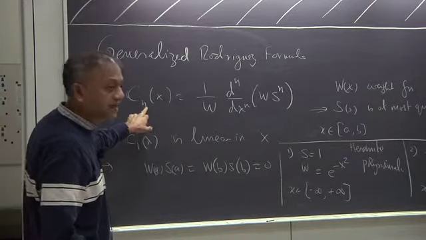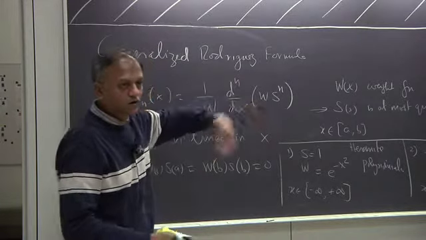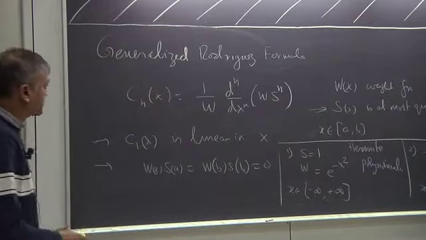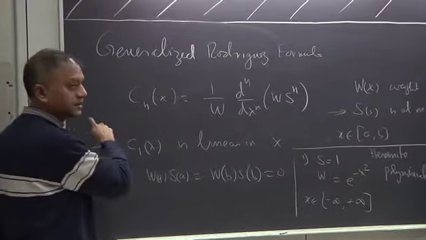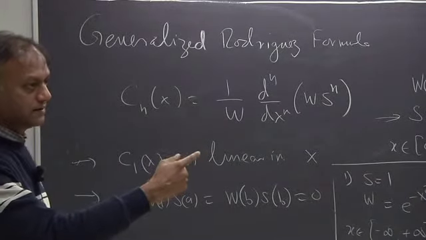Here n is any integer, n can be 0, 1, 2, which will give you all the nth degree polynomials. So there was a recursion relation which related Cn plus 1 with Cn and Cn minus 1, right? That was completely general.